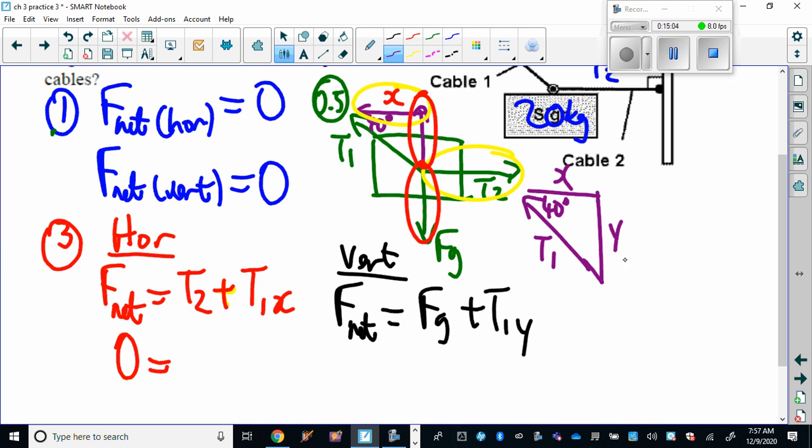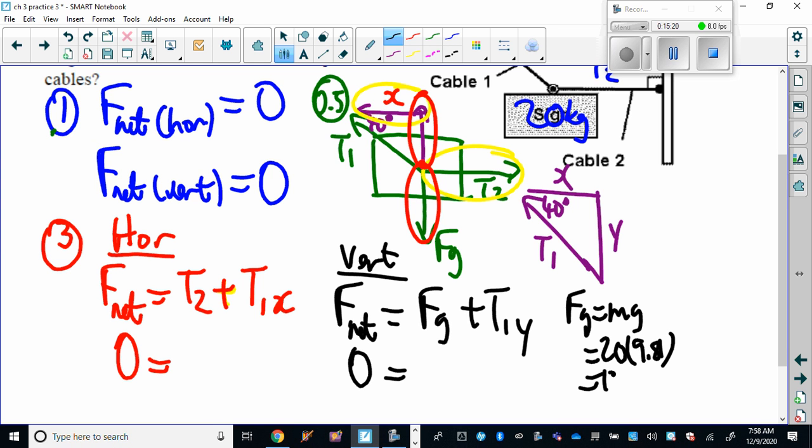Because vertically, yes, we have 0. What else do we have in the vertical components? We have Fg. Fg is always mg. So in this case, 20 kilograms times 9.81, which equals 196.2 newtons. So if we have Fg plus T1y, you can see right away we can calculate T1y.